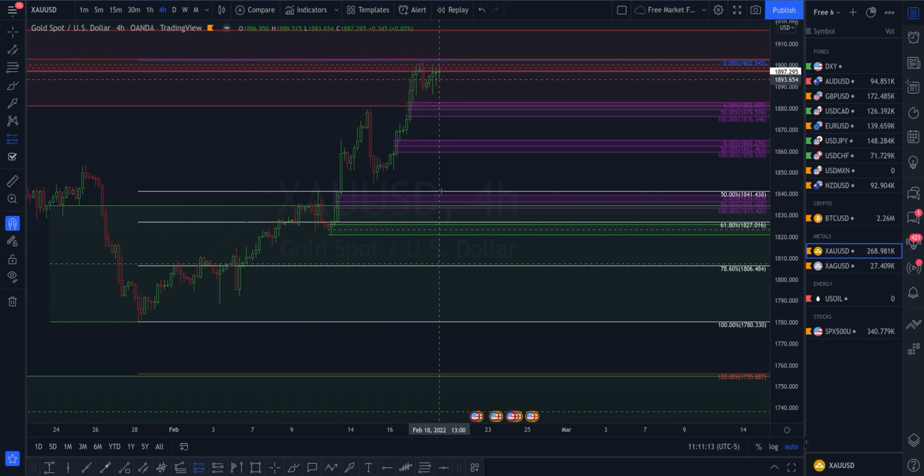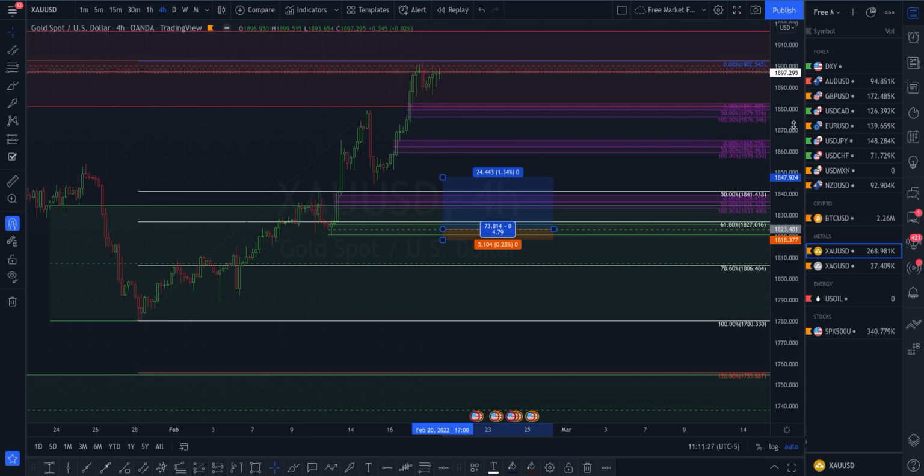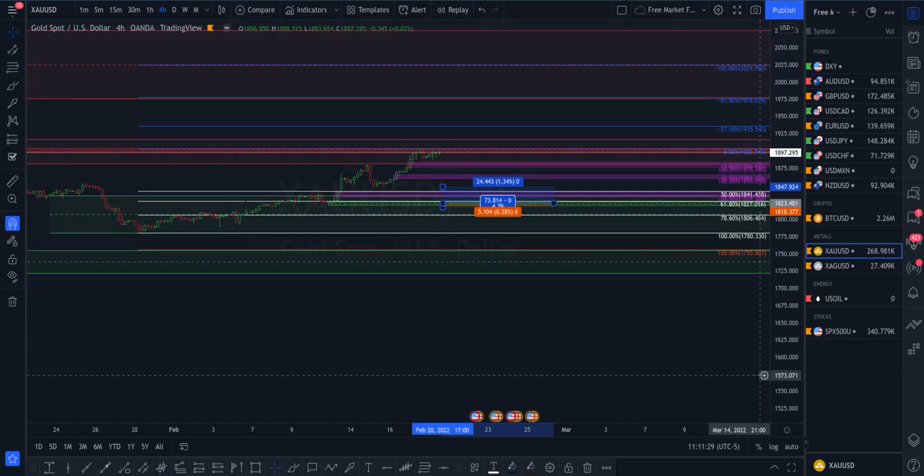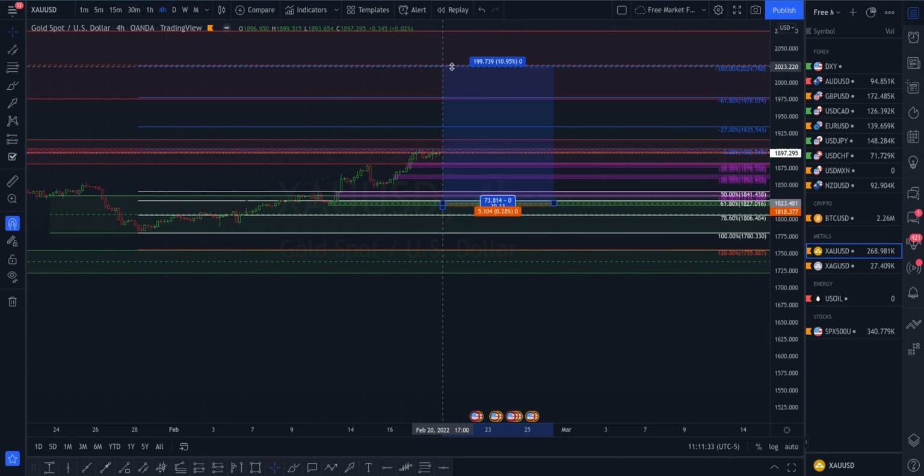So I'll be looking for confirmation around this area here, guys. Confirmation there. And maybe, because again, I think that this is going to push up. I think gold is going to go up here. That's our 100%.